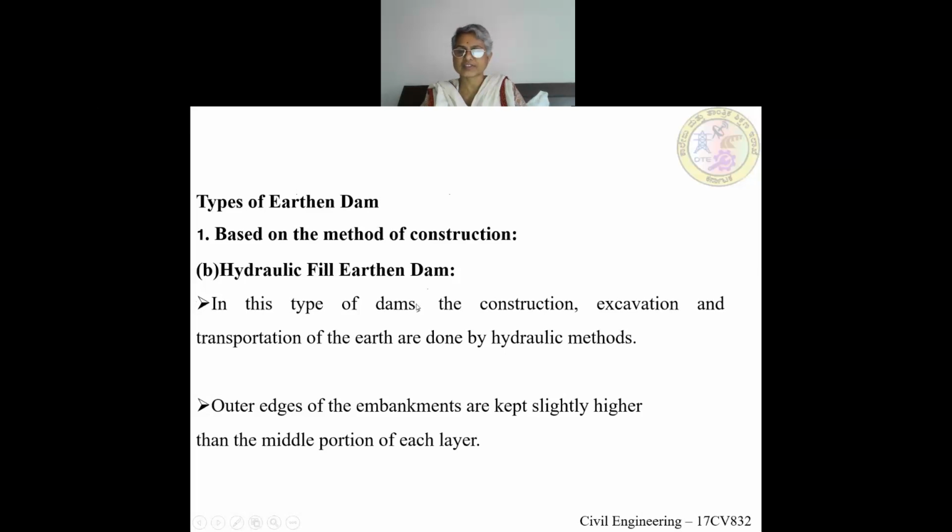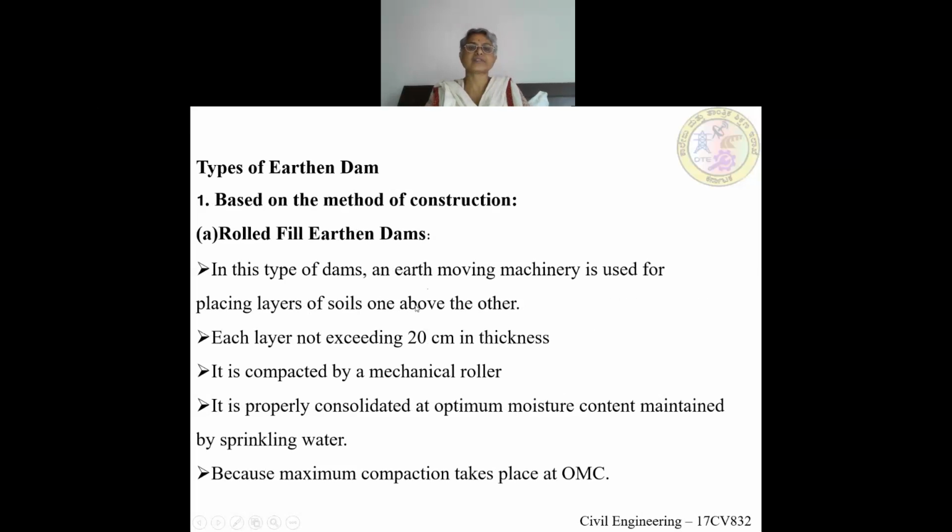In rolled fill dams, they are constructed by laying layers not exceeding 20 centimeter in thickness, one layer placed over the other layer, and it is compacted by means of a mechanical roller.